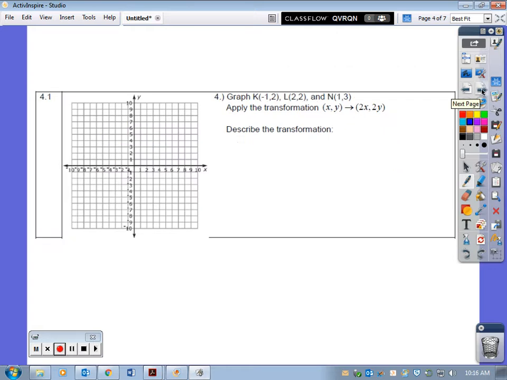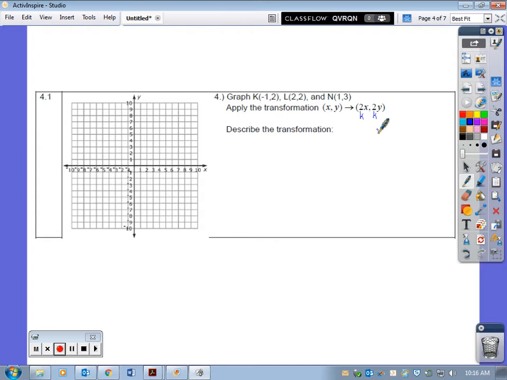Okay, here's another one. It says apply the transformation (x, y) becomes (2x, 2y). So this one right here, we're multiplying some scale factor k times our x and our y. So this is going to be a dilation. Okay, but let's go ahead and graph the original figure.